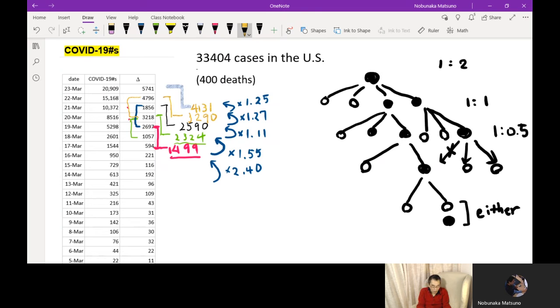So the numbers look like 1499, then 2000, 2590, 3000 or so, and 4000 something. By the way, I also looked at the day before, the moving average over the past 3 days, and it happens to be 690 something.